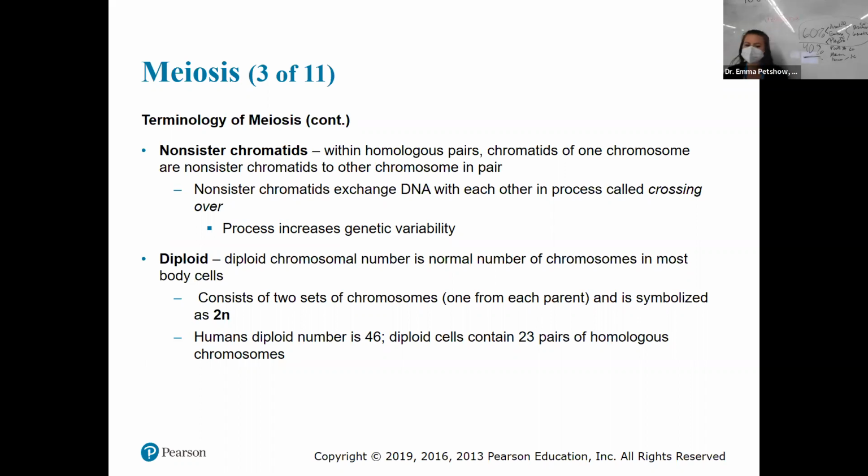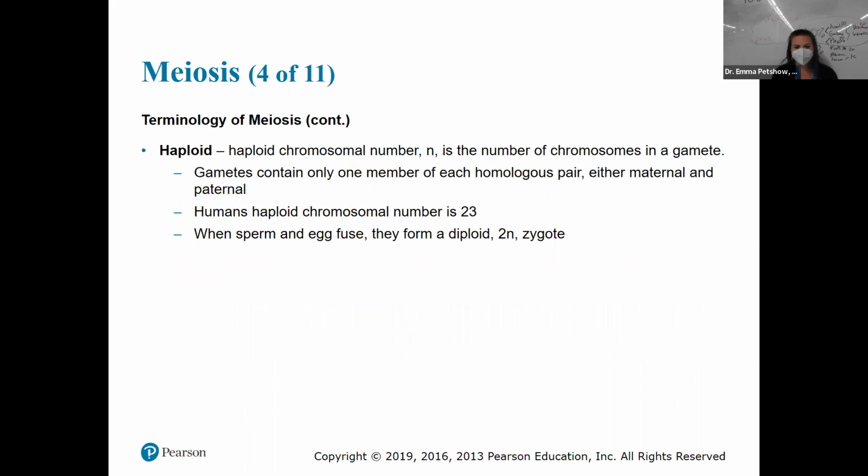Our diploid number, therefore, is 46, which means we have 23 pairs of homologous chromosomes. So our normal diploid number is 46. That means our normal chromosomal pairs is 23, half of 46. And that is normal. So anything that's not diploid 46, haploid 23 is abnormal.